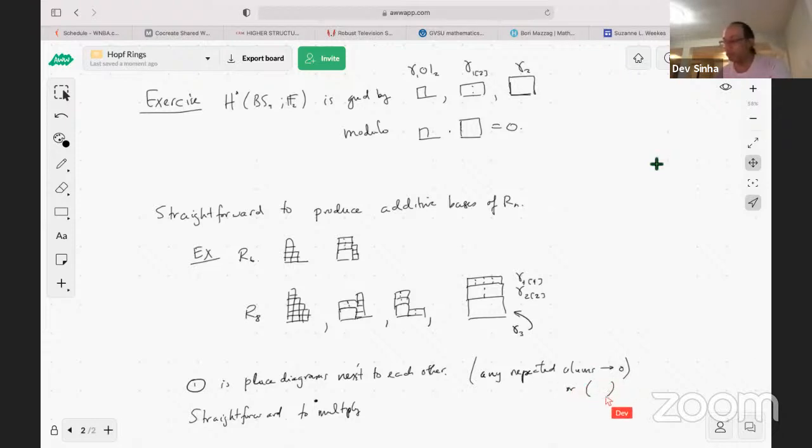Let's spell that out. Right, and it's straightforward to multiply, and that's cut multiply, but it's hard to understand. So it's straightforward to just perform the multiplication of two additive basis elements. Let me give one more example.